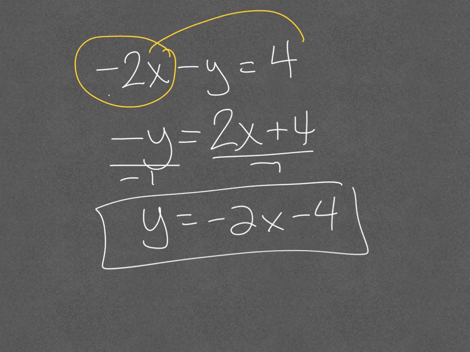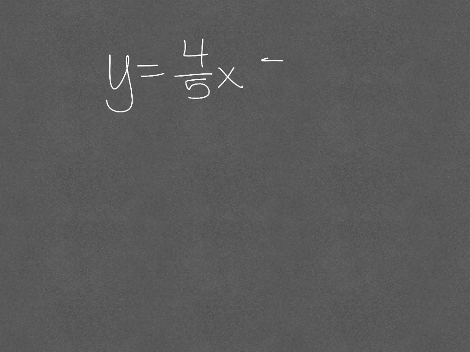Now let's look vice versa. Say we have a slope-intercept form, and I want to change it to standard. Standard is where you've got x and y on one side and a number on the other, and there's no fractions in a standard.